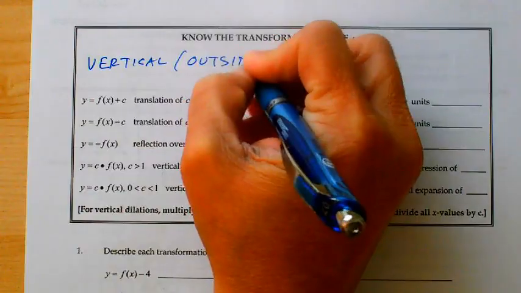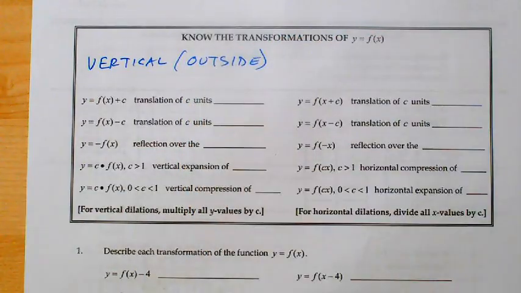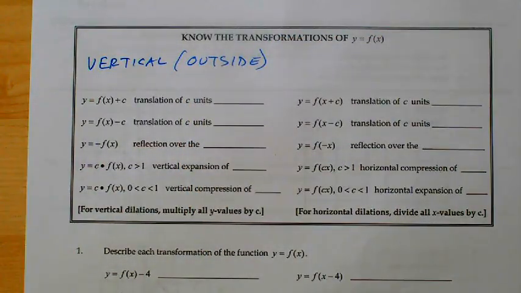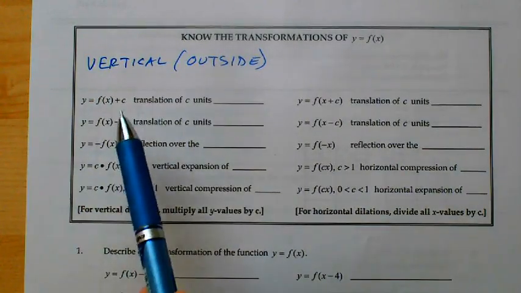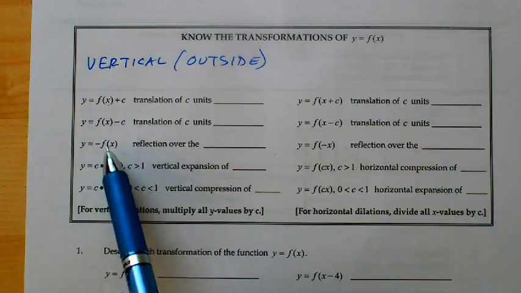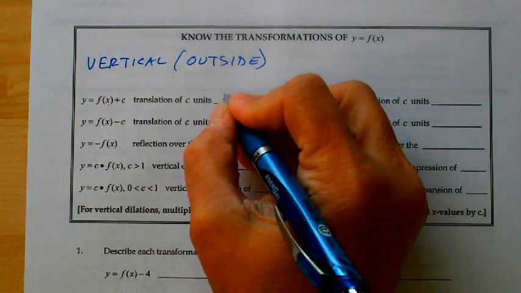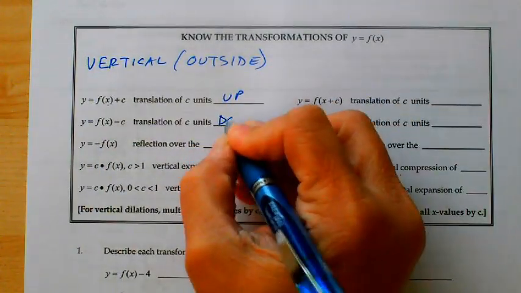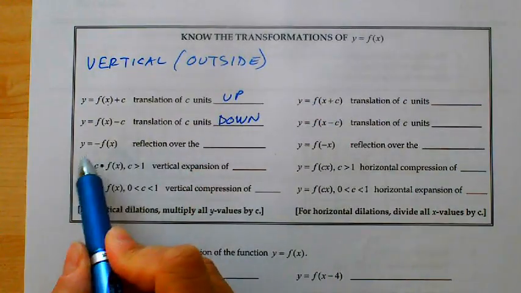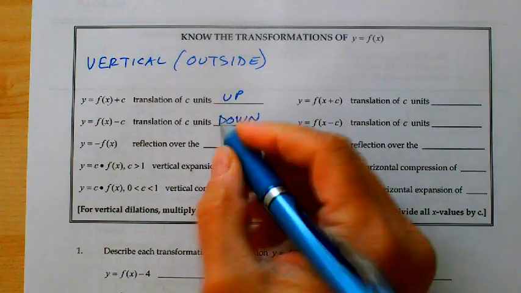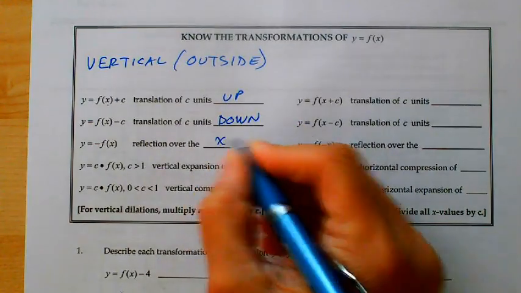And we'll come to see all of those transformations live outside of the function, whether we're talking about a specific equation or the function notation f of x itself. And so what we saw, adding and subtracting values, move it up or down. Negative multiplied to the function reflects it over the x-axis.